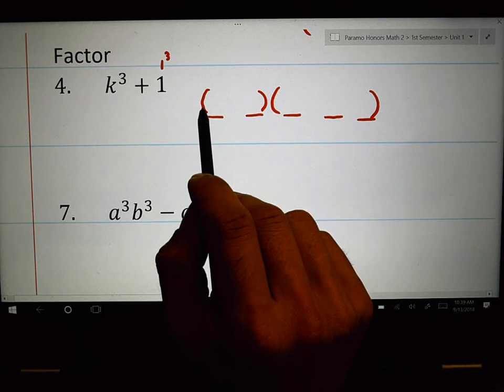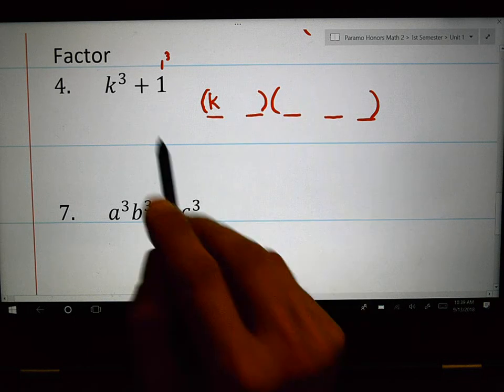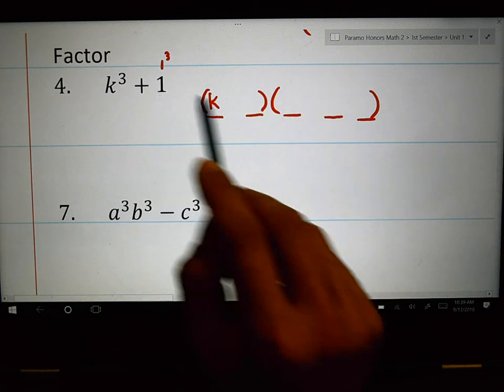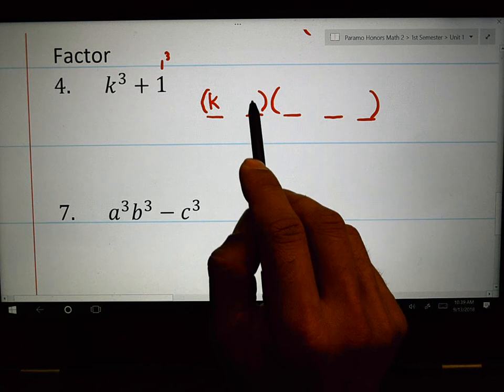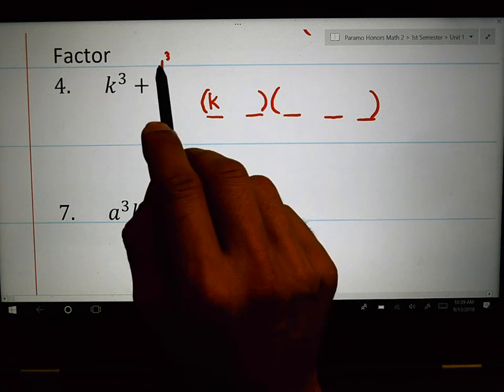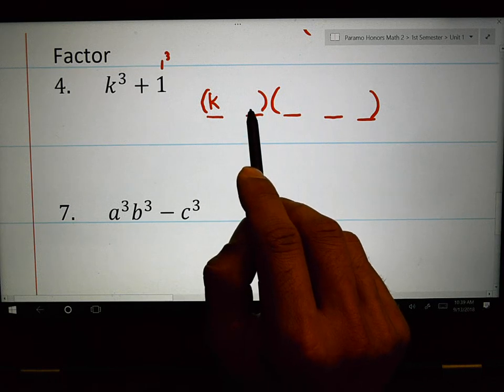What letter goes here? Say it out loud. Then, because this is a number, we go to the back of this parenthesis, and we know that the cube root of 1 to the third is the number that goes here. What number goes here? Say it out loud.